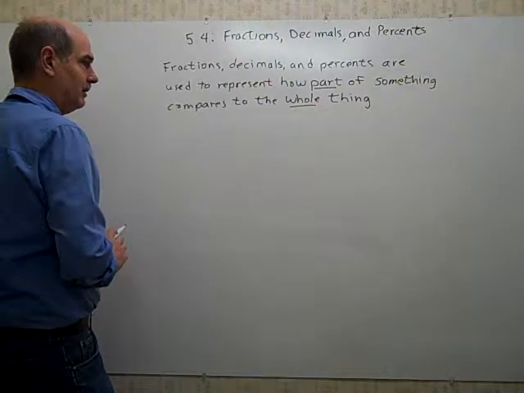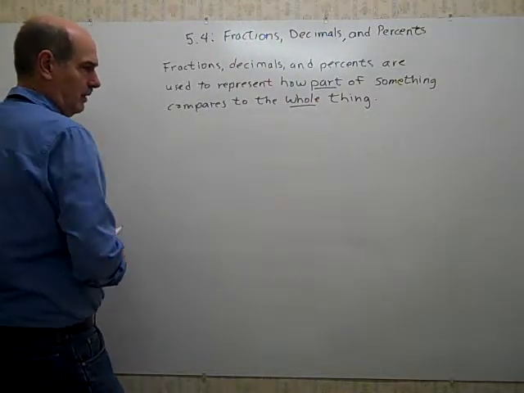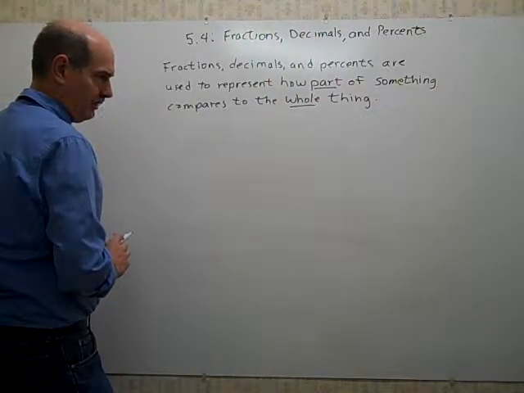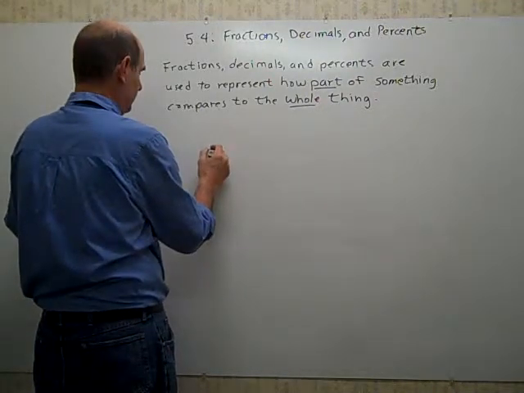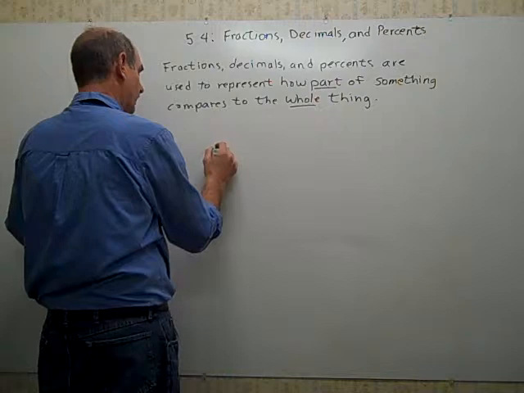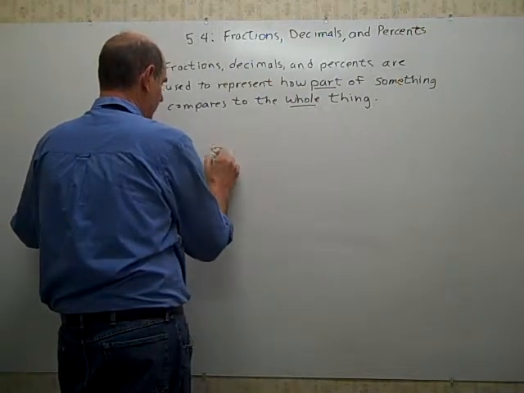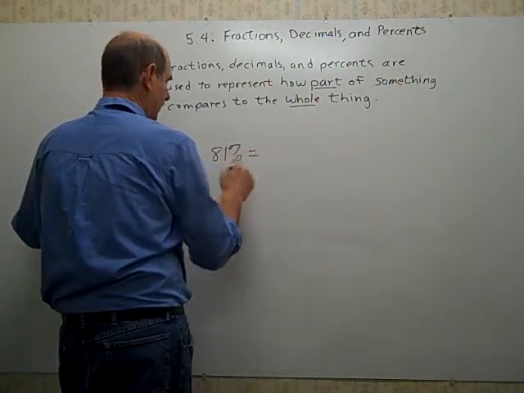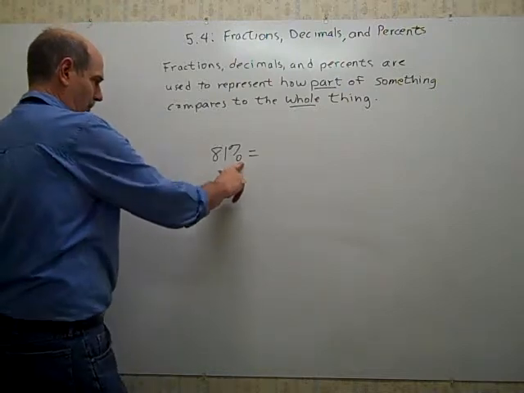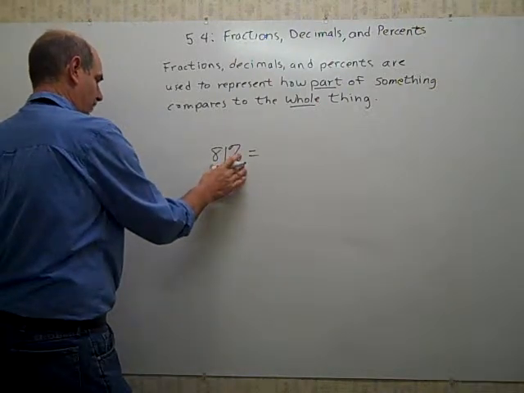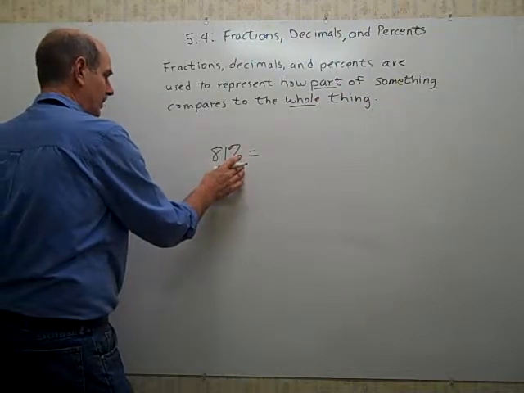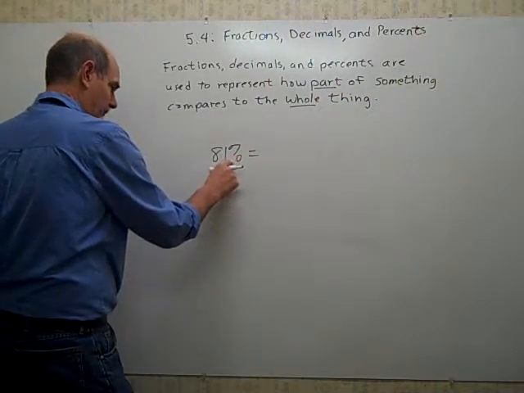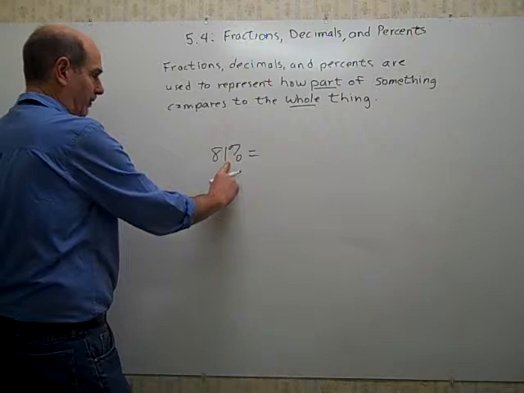Let's see, did we do percent to decimal? I think we did. Did we do decimal to a percent? No, we didn't do a percent to decimal yet. 81%. You follow the opposite rule of decimal to a percent, where we move the decimal, we multiply by 100. Here we have to divide by 100. So the decimal here would be behind the 1 if we showed it.